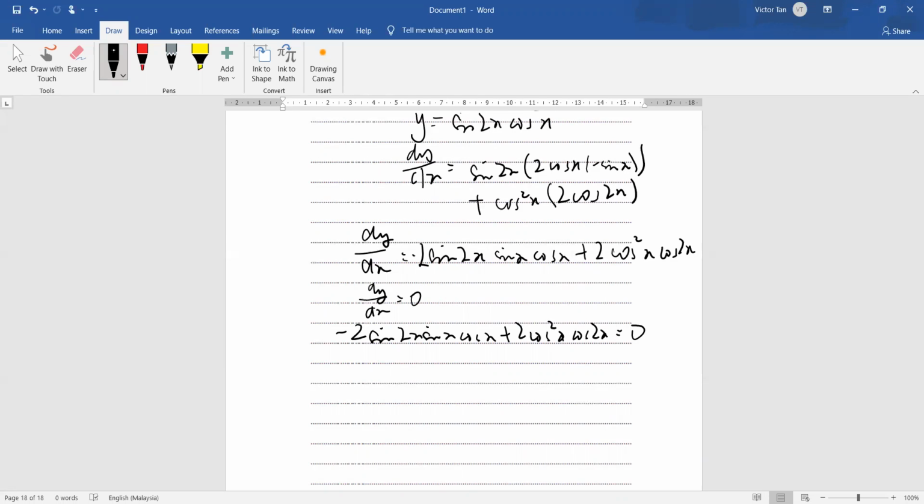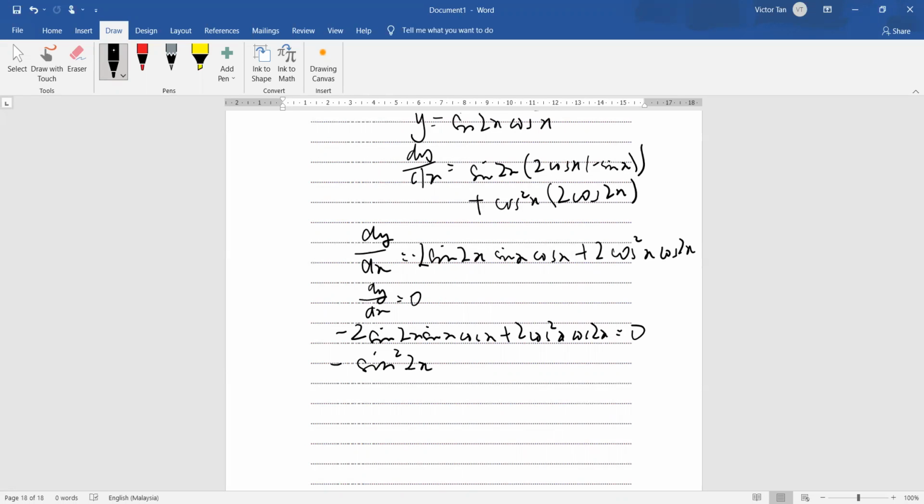What I'm going to do is change this to the double angle. So here, the first 2 sine x cos x will be sine 2x. Sine 2x times sine 2x will be minus sine square 2x.